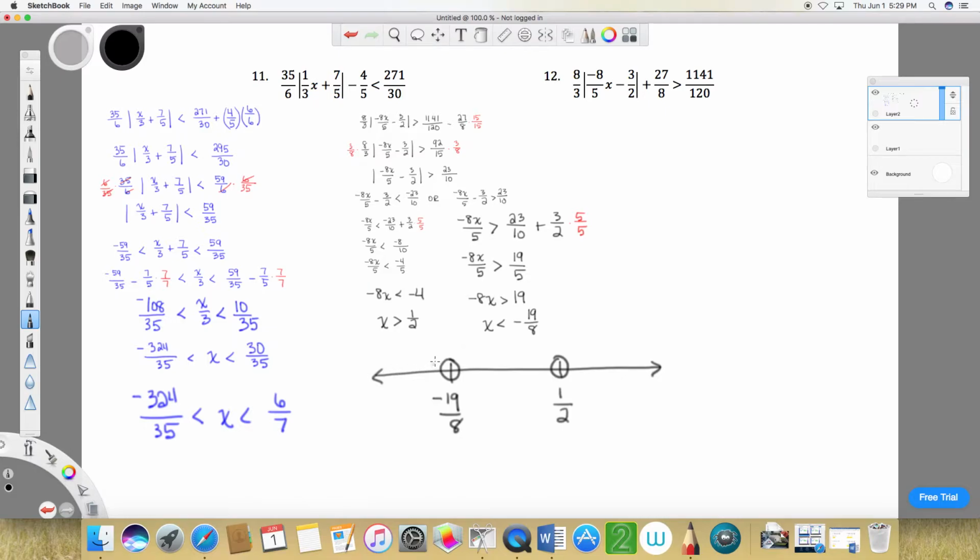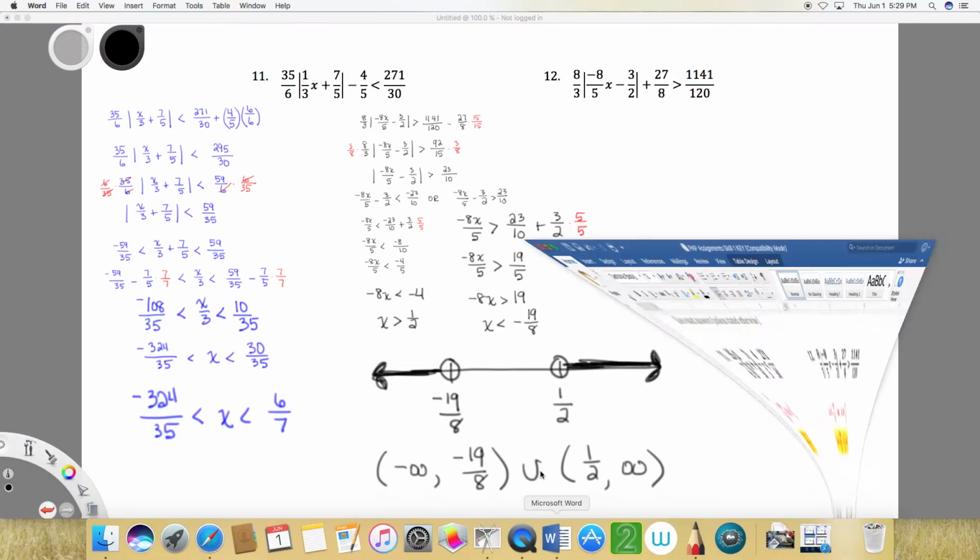It's going to be out in the tails. X strictly greater than 1/2 is shaded here to the right. And X strictly less than negative 19 over 8 is shaded here to the left. So if we write our interval notation, negative infinity, comma, negative 19 over 8, union 1/2, and positive infinity. So, hey, those are the two solutions that I'm getting for this one.